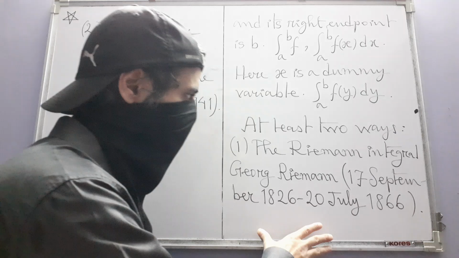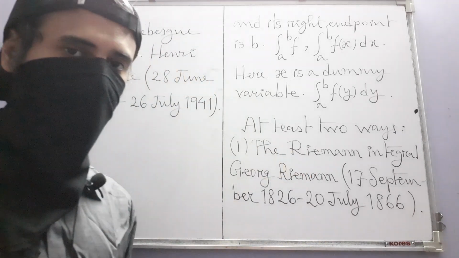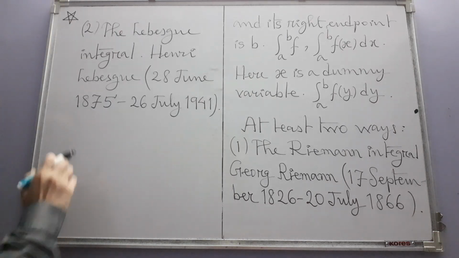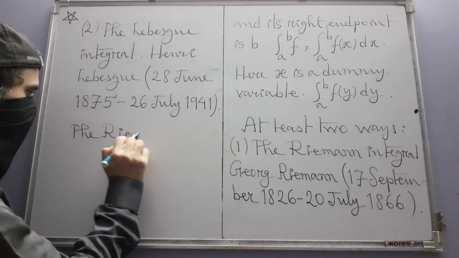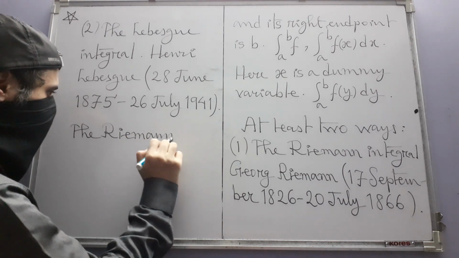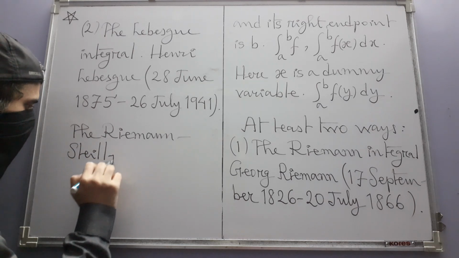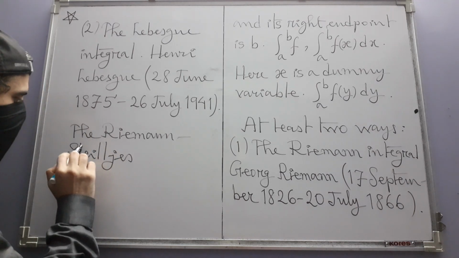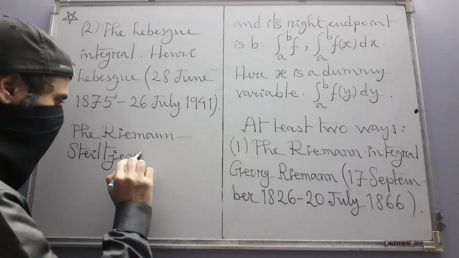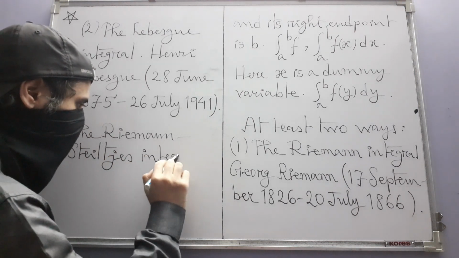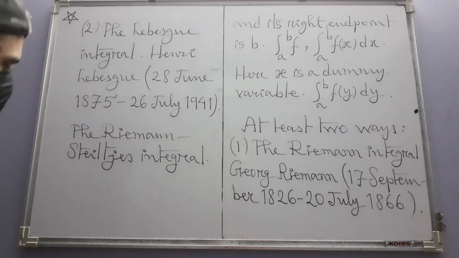But in this chapter itself, we are going to see an extension of the Riemann integral, known as the Riemann-Stieltjes integral. It's pronounced Stieltjes. This extension was devised by Thomas Stieltjes.